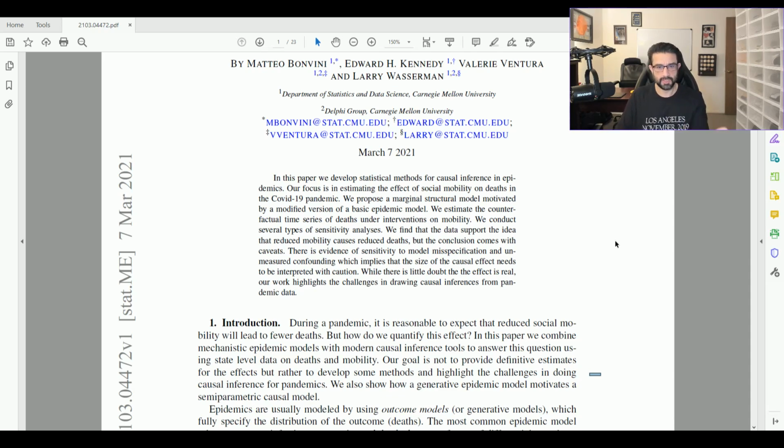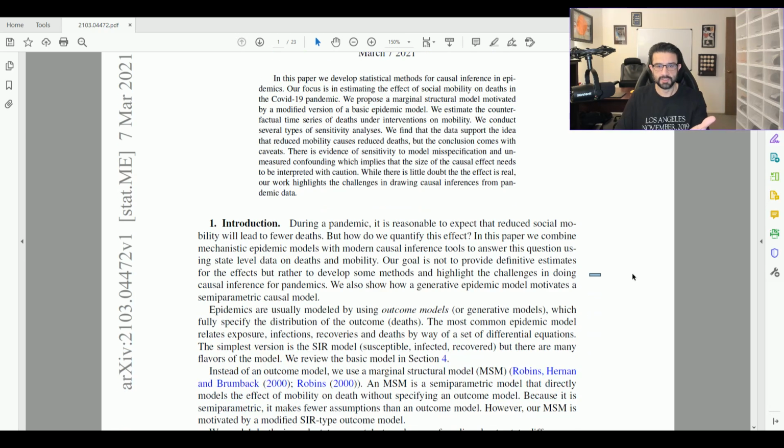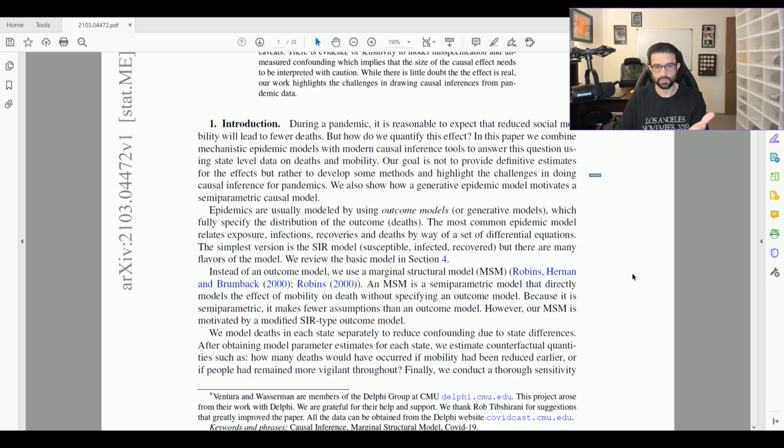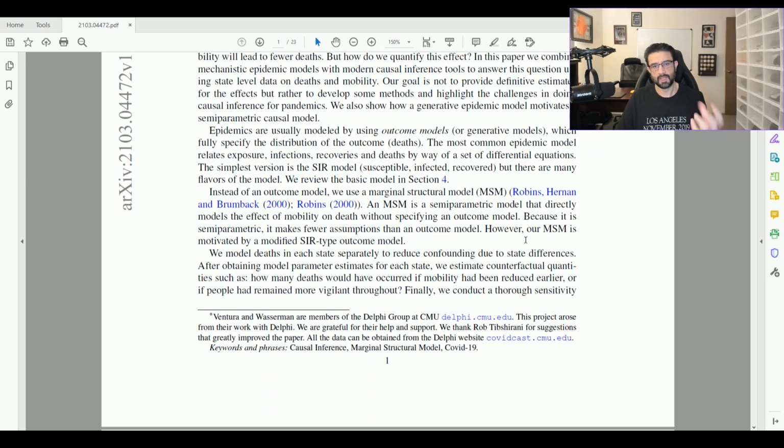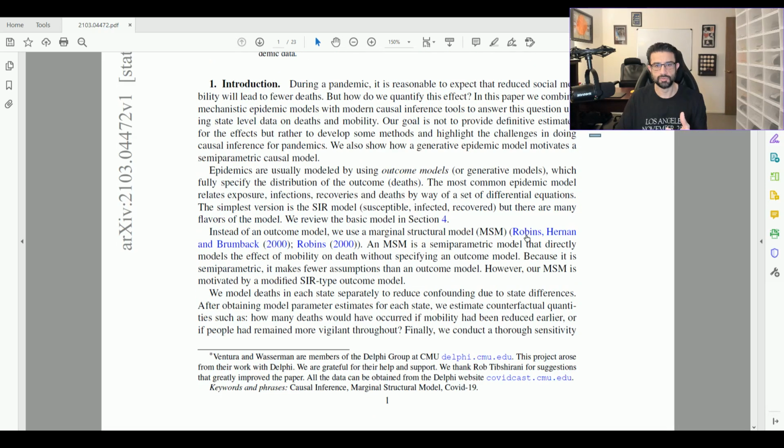And so as they go through this introduction, we've talked about this before, they're reviewing what's been done. They're also reviewing the subject matter around their particular work and the experiment. They are, in this case, using a different approach to this problem, which is this marginal structural model.